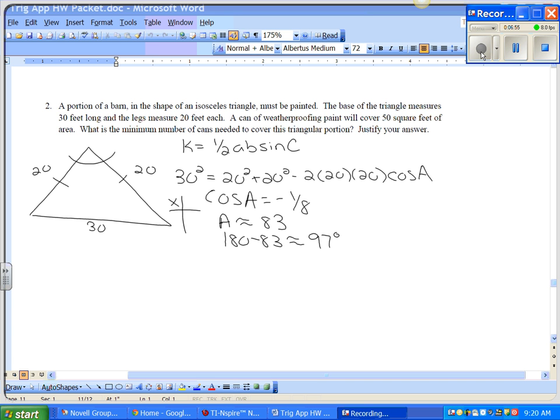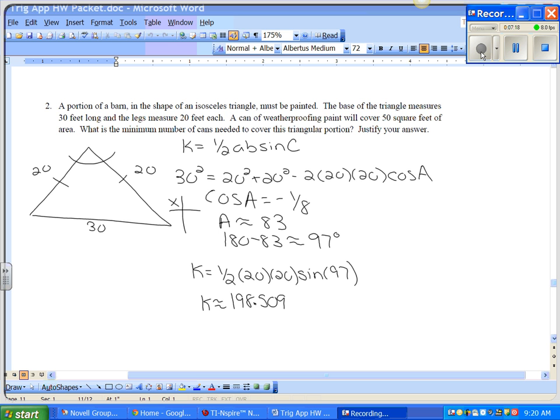Agreed? So once I had that angle, then I could use my area. And remember, it's the angle between the 2 sides on either side. And we found the area to be approximately 198.509.